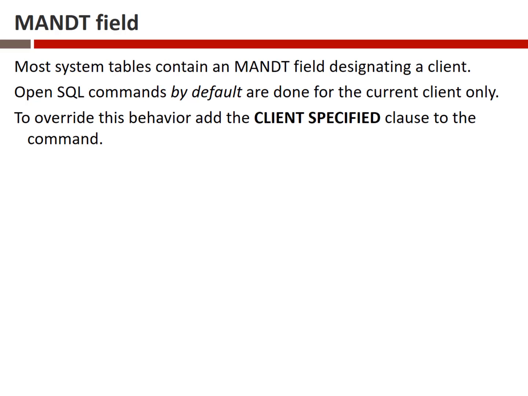What I have to do is add a client-specified clause to the command. If I don't add the, if you will, magic words client-specified, then every query I run, and for that matter every database statement of another type that I run, will automatically be limited to just my client number. It's part of the security model.